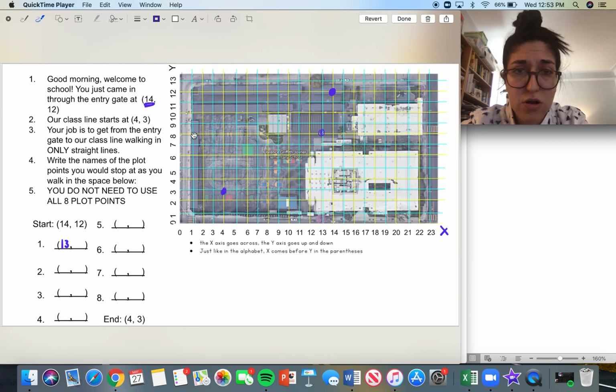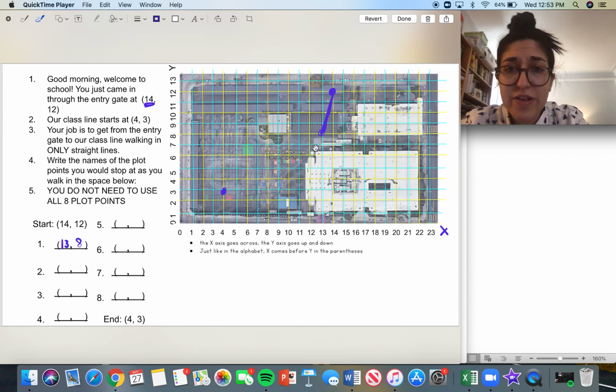And how far up is it? It's 8 up. So my first stop went from here to here. Let's say my second stop, I just need to go here, because I can't go here, that's a building.